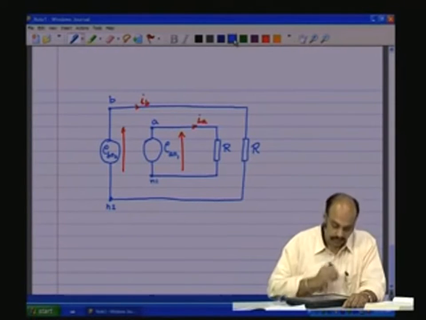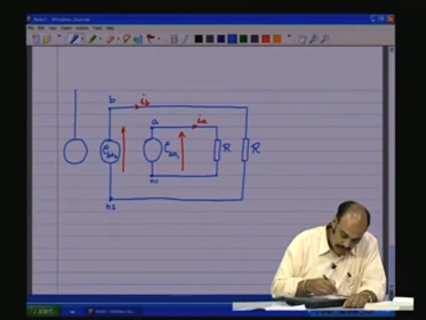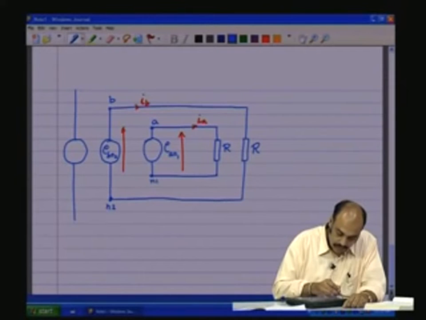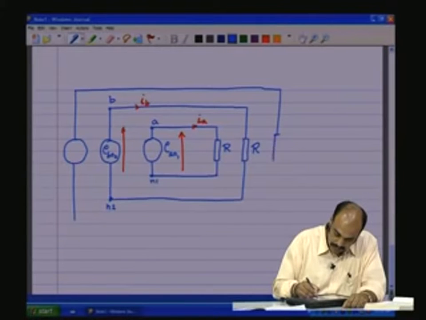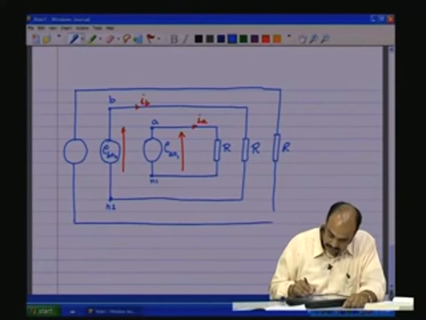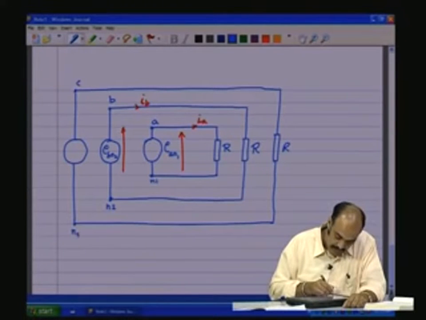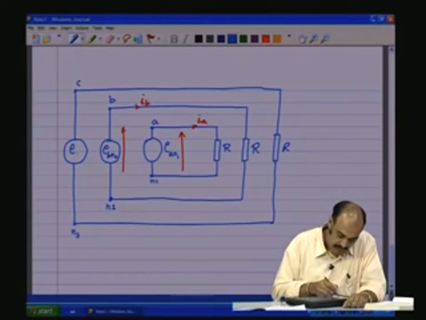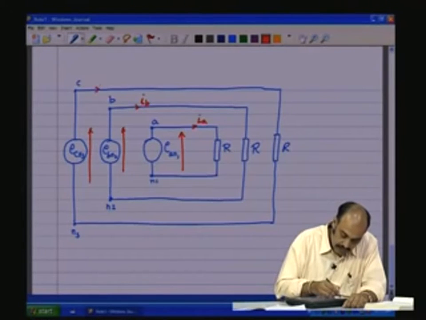Now, I put one more, the third. So, I have one more source which is also going to be supplying a load resistance R, and that is also not going to be electrically connected to the other two sources, and it has 2 terminals, which I am going to name C and N3, and the voltage source itself is named between the terminals, EC N3, and there is going to be a voltage and a current IC.